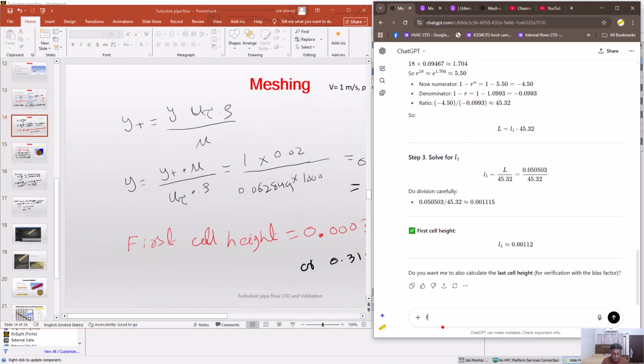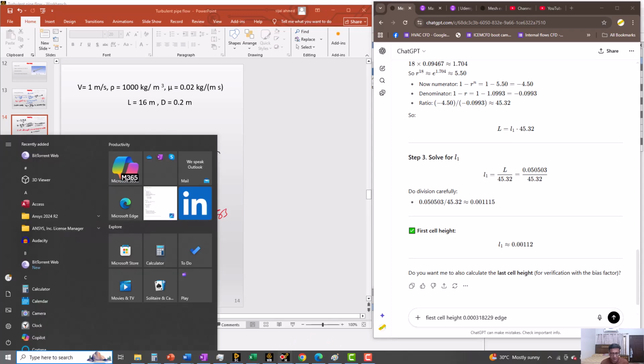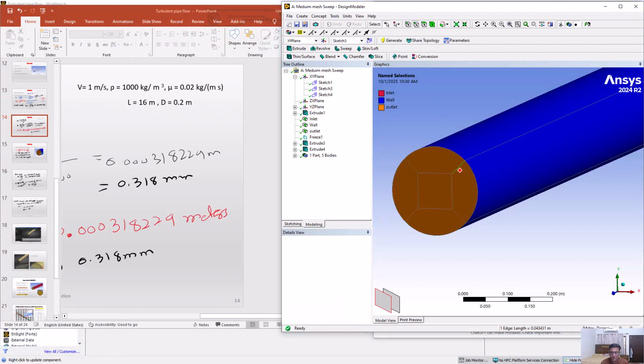The first cell height for the y plus should be equal to 0.000331822 and 9. And the edge length, that is the length of my geometry dimension, you can find from here. If you click on the edge, you will see the length at the bottom, 0.043431.